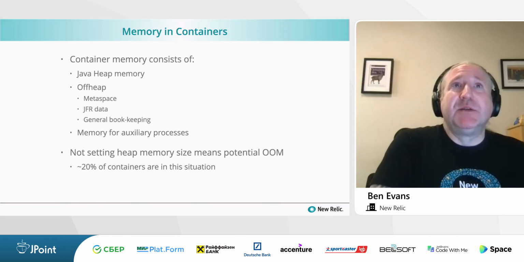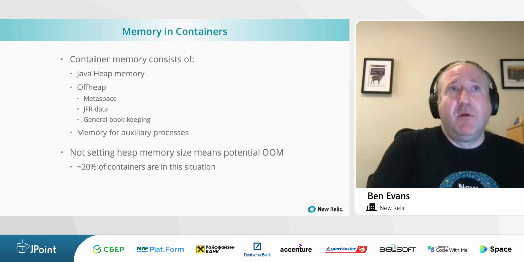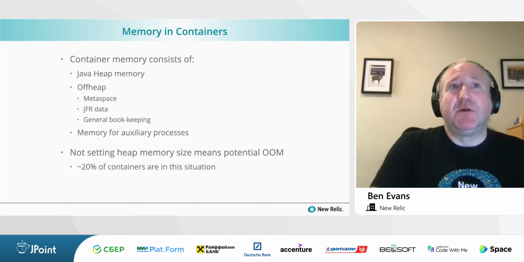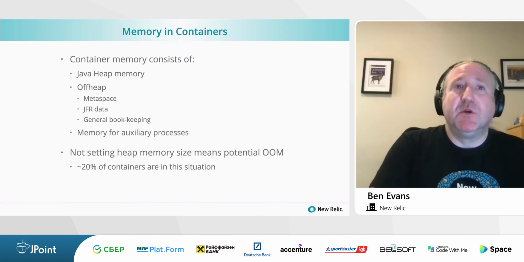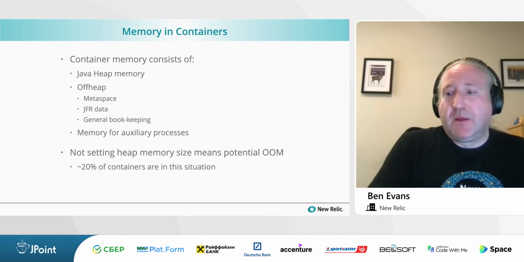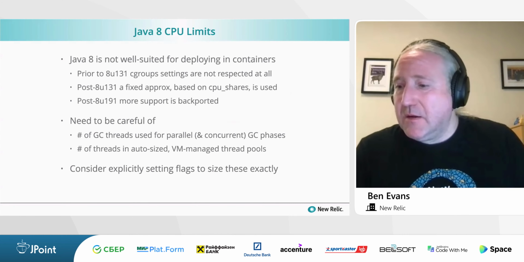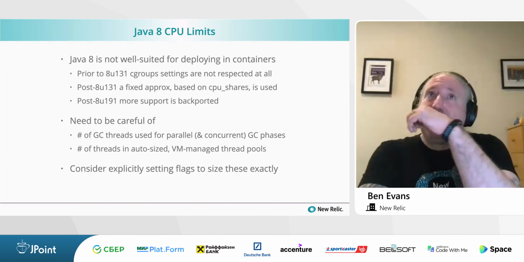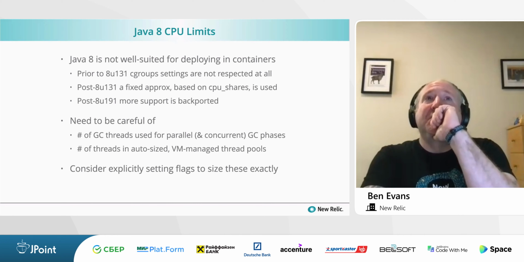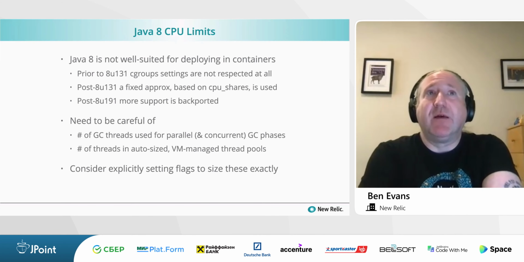And that's a problem, because in a container, memory consists of Java heap memory, off heap memory, and memory for auxiliary processes. And not setting the heap memory size leaves us open to this with 20% of containers in that situation. In general, Java 8 is not as well suited for deploying containers as Java 11.